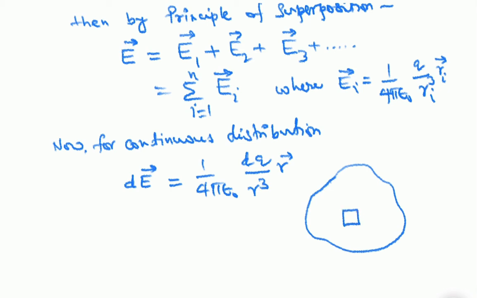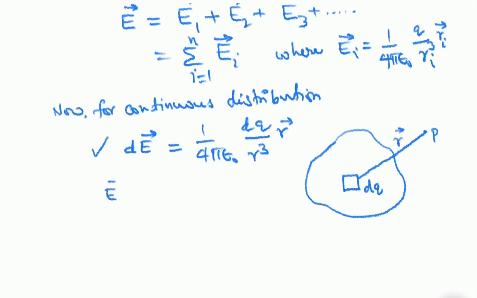Suppose in the continuous distribution this is the small element dq, and because of this we want to measure at point P, the electric field intensity will be given by this. And for the total charge distribution, electric field E is equal to 1 by 4 pi epsilon naught integral dq by r square into vector r.